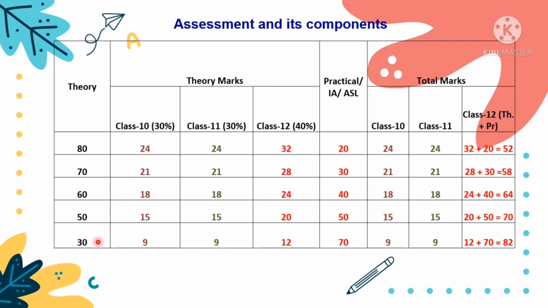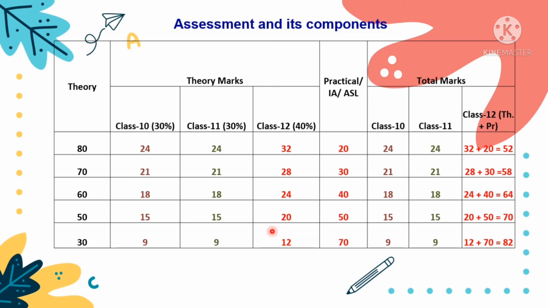Now suppose you have a subject of 30 marks theory. In that case, from class 10, 30% of 30, 9 marks has to be taken. From class 11, 30% of 30, again 9 marks has to be taken by the school. From class 12, 40% of 30, that is 12 marks.